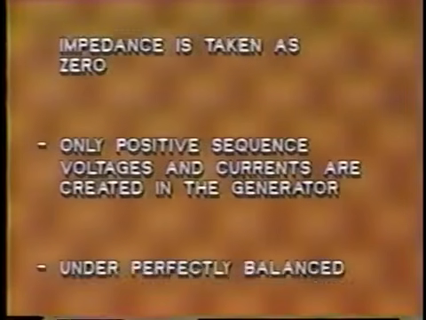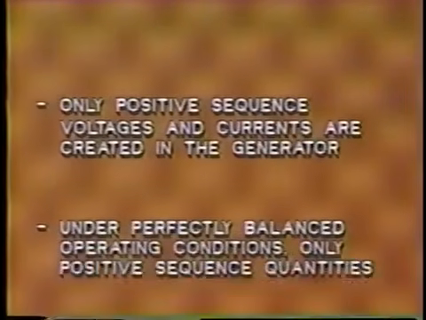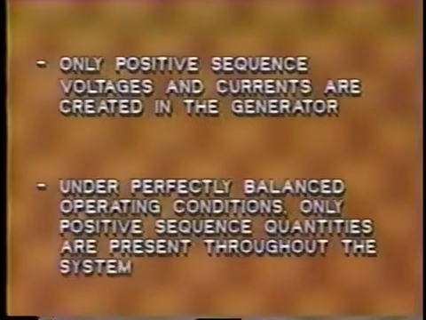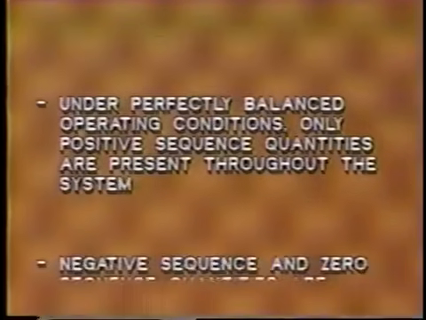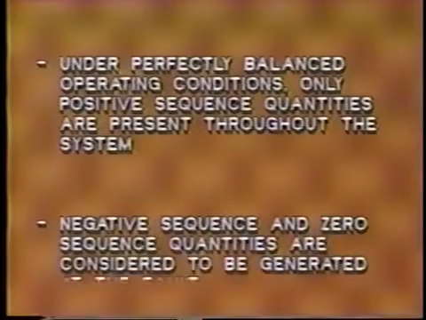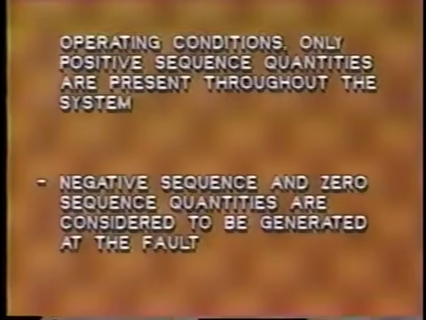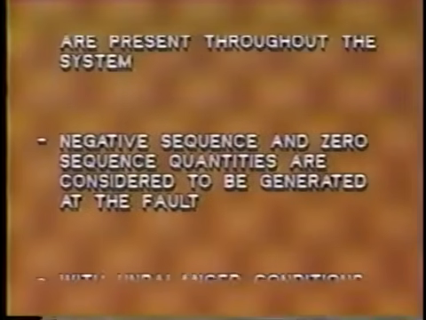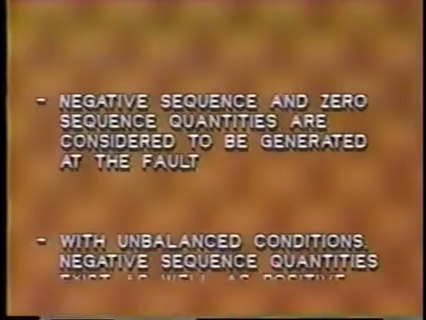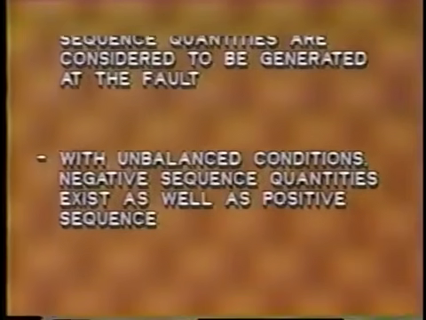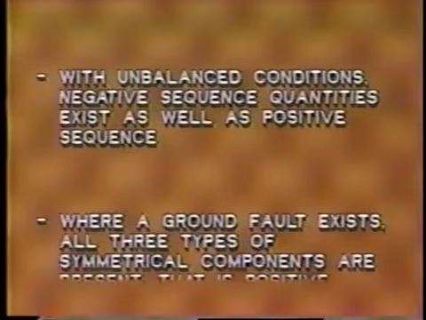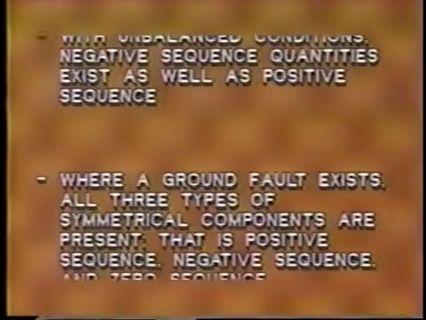Only positive sequence voltages and currents are created in the generator. Under perfectly balanced operating conditions, only positive sequence quantities are present throughout the system. Negative sequence and zero sequence quantities are considered to be generated at the fault. With unbalanced conditions, negative sequence quantities exist as well as positive sequence.